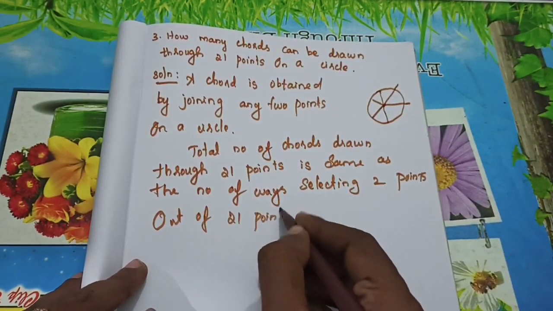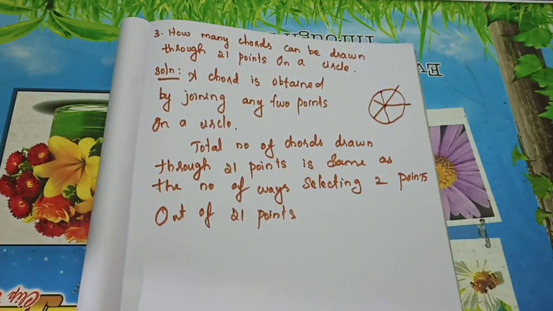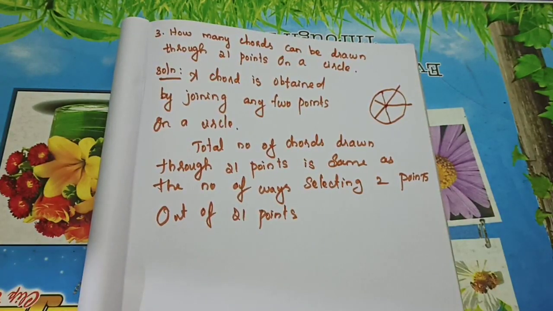According to the question, how many chords can be drawn through 21 points. So the total number of chords drawn through 21 points must be same as the number of ways of selecting 2 points out of 21. Out of 21, 2 points you need to select.